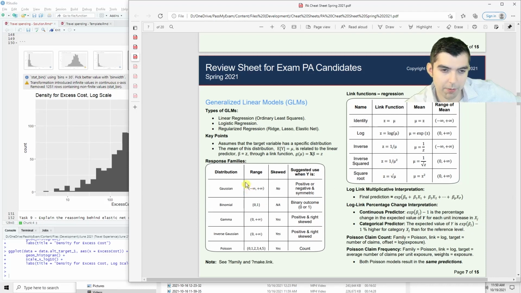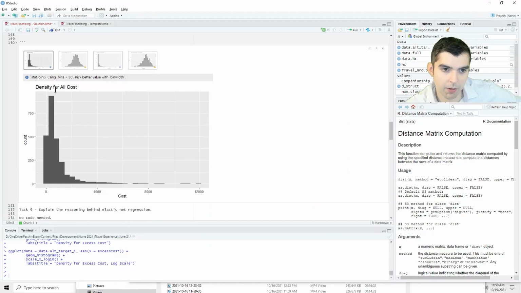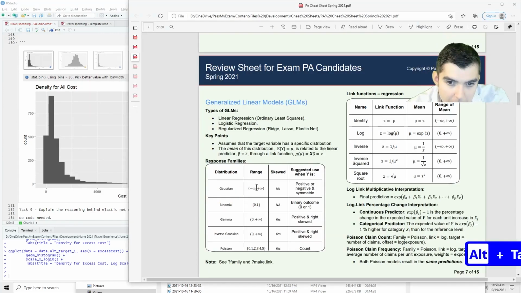So right away, if we used this distribution, then we would want something that's right skewed and positive. That would imply the gamma, which is positive and right skewed, or the inverse Gaussian.